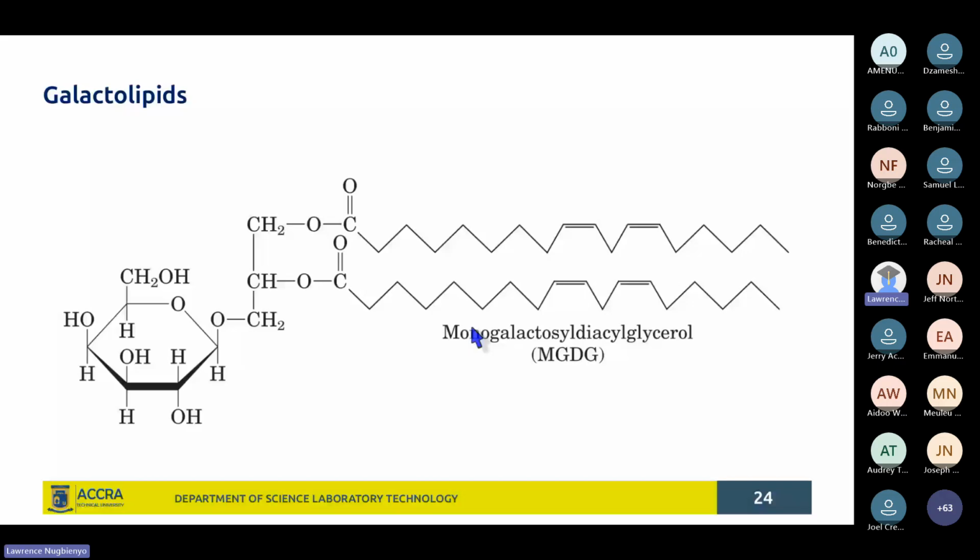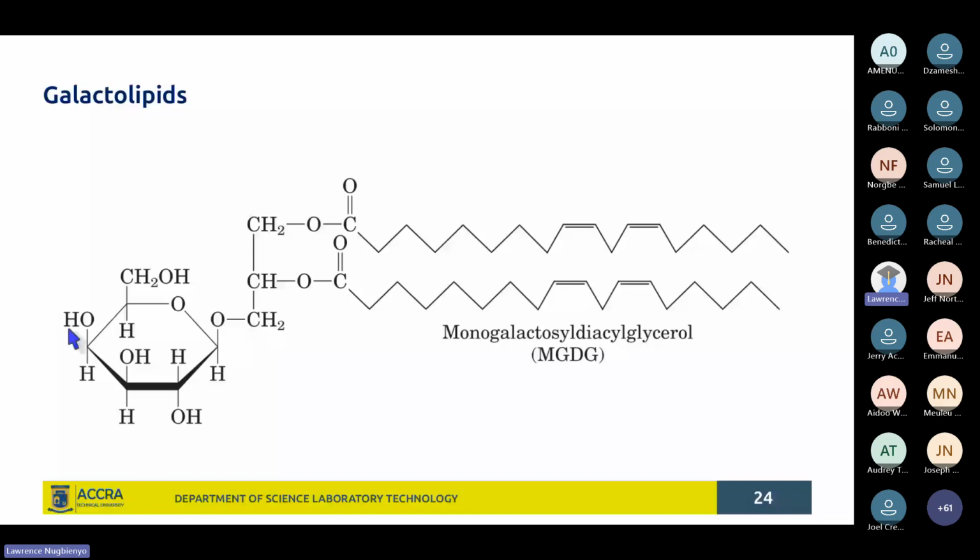So you can have the monogalactosyl diacylglycerol. You see the glycerol backbone, and on the glycerol backbone, you have two fatty acids esterified, and then on that last carbon there, you have galactose, one molecule of galactose.